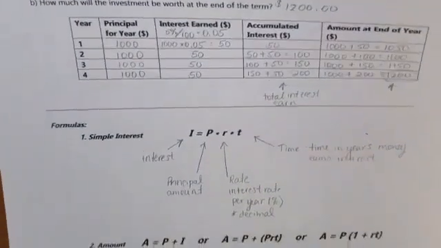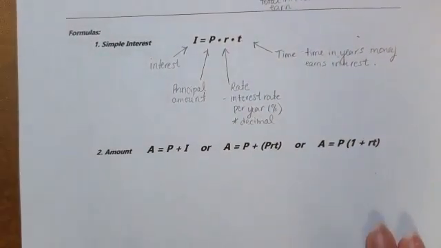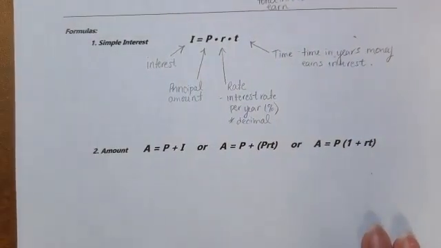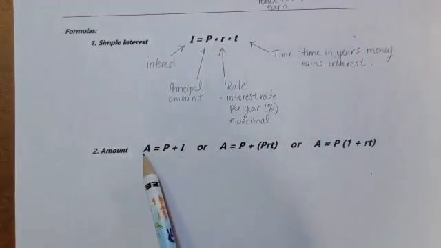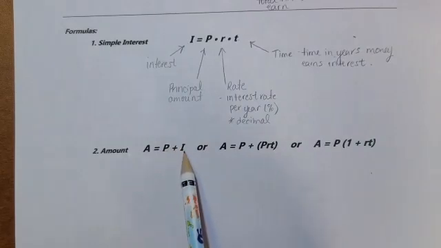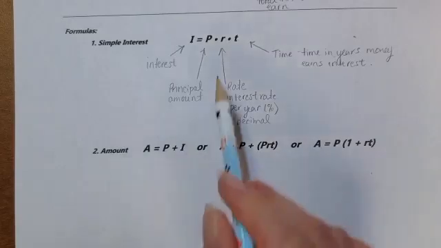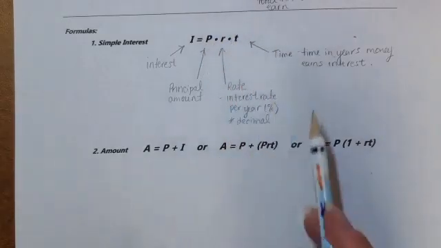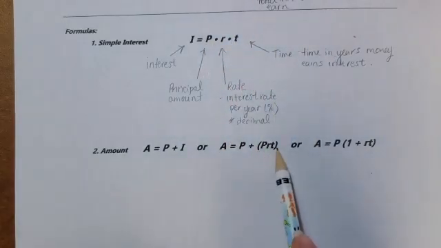We also have a second formula, which is our amount. Amount is equal to principal plus interest. We know that interest equals P times R times T, so I just replaced I with those variables.